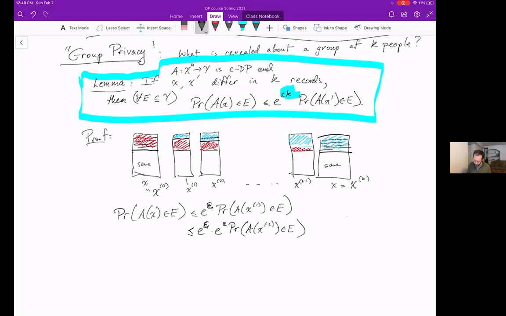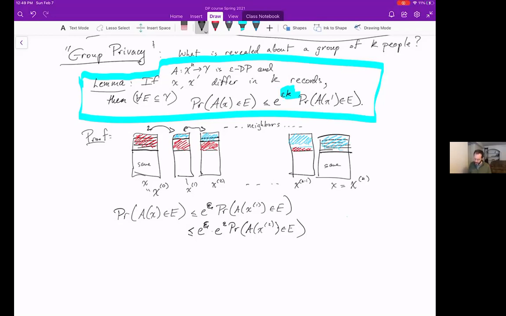So the point is, at every step in this chain, the adjacent pairs are neighbors. They only differ by one record.